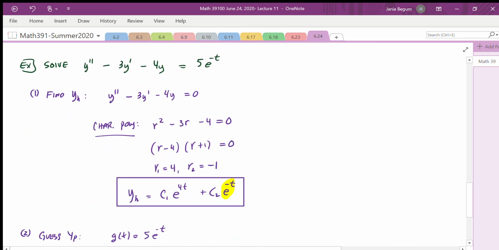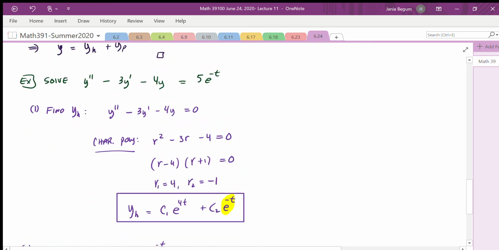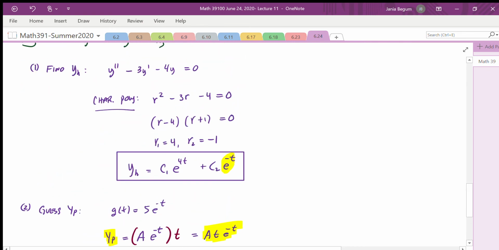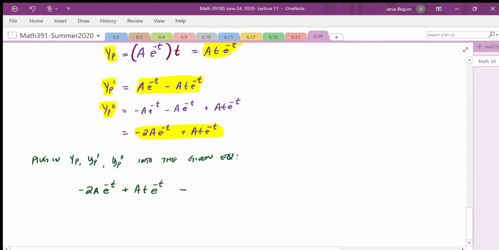The given equation was y double prime minus 3y prime, so y double prime would be negative 2a e to the negative t plus at e to the negative t, and then minus 3 times yp prime, so 3a e to the negative t plus 3a e to the negative t. Oh, I forgot a t.